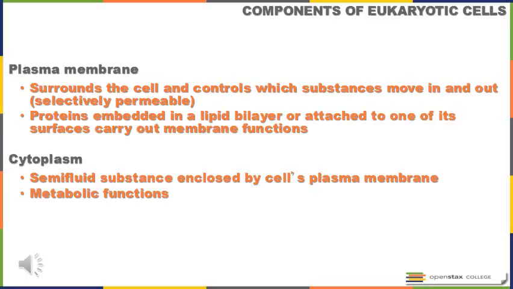And so if you look at the interior of a cell, you have this substance called the cytoplasm. It's semi-liquid, and it's just dense enough to hold all the organelles within the cell in place so that they're not all floating around all willy-nilly.